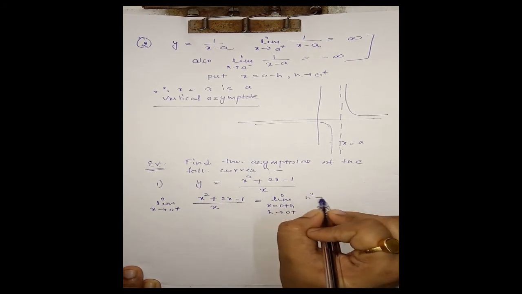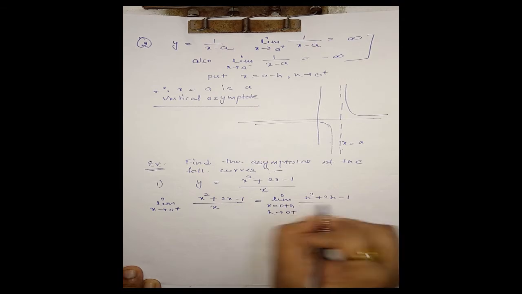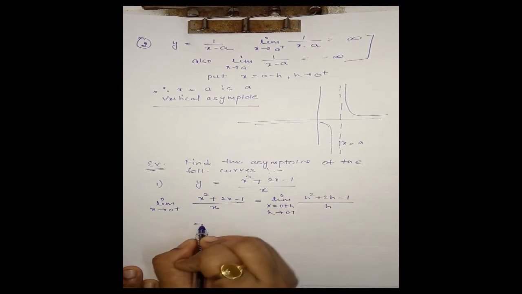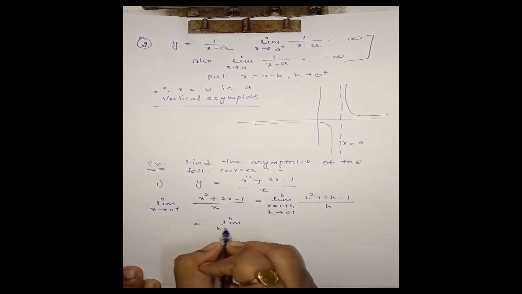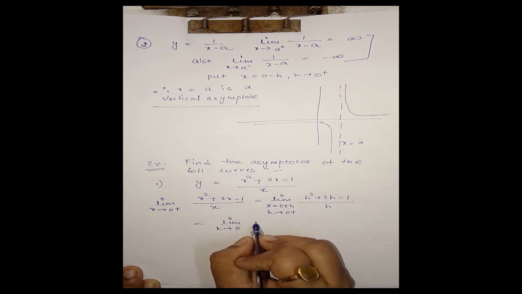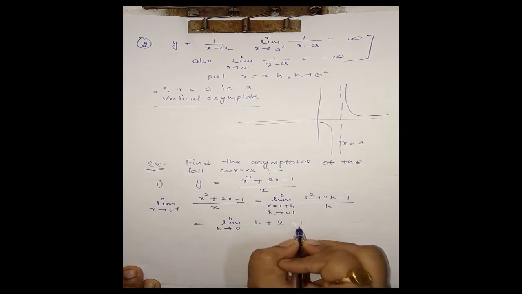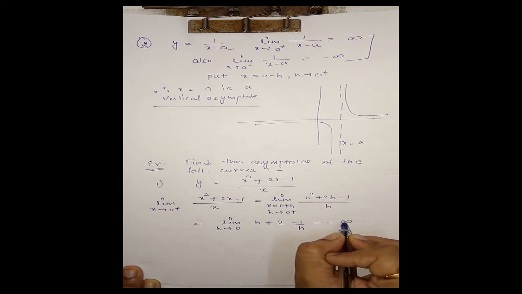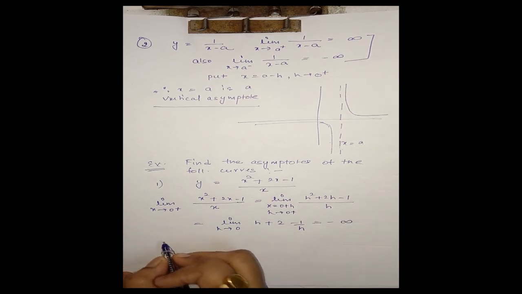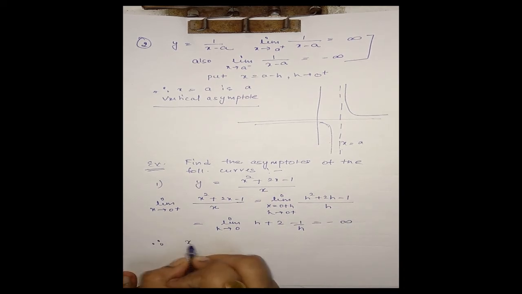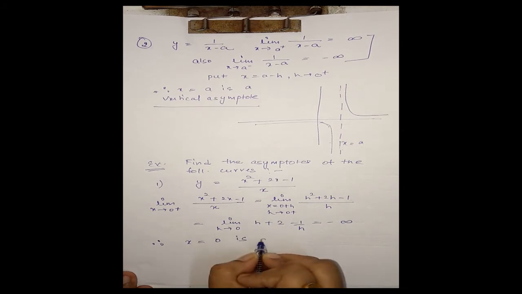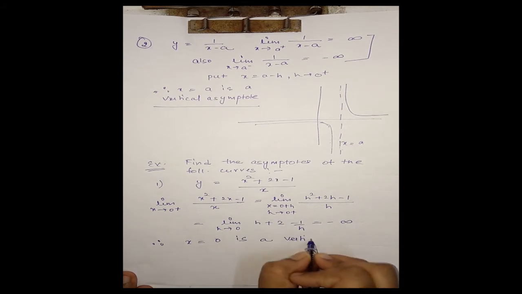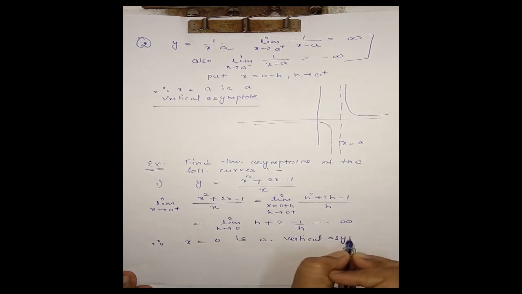This is (h² + 2h - 1)/h, which is h + 2 - 1/h, and this is minus infinity. Therefore x = 0 is a vertical asymptote.